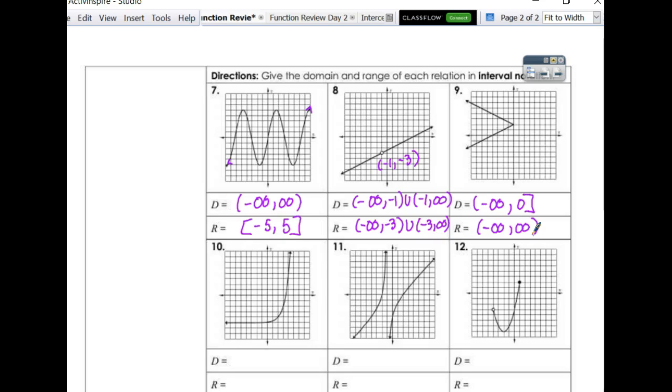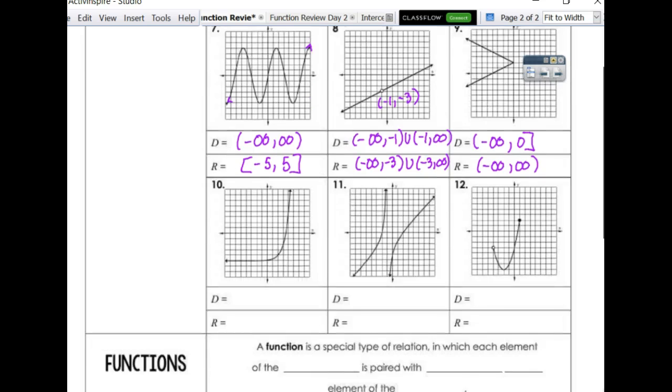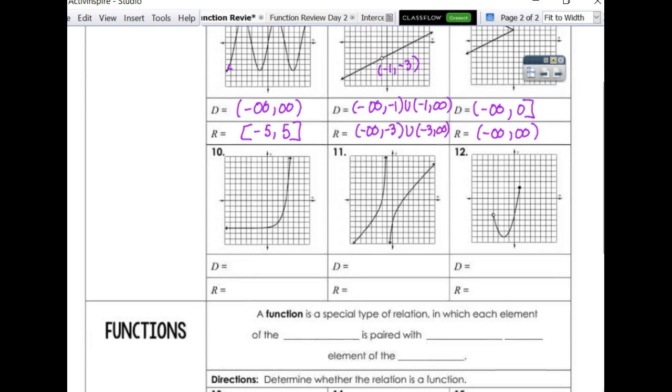Okay, you all try the next 3. Okay, so check your answers. All right, double check.